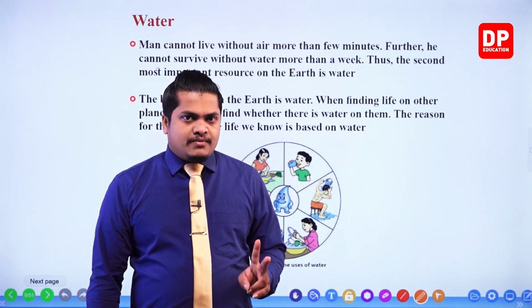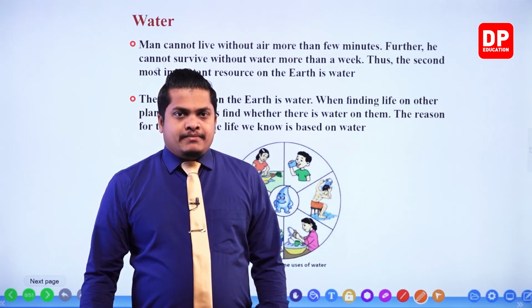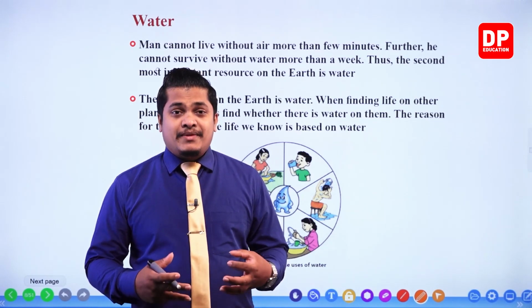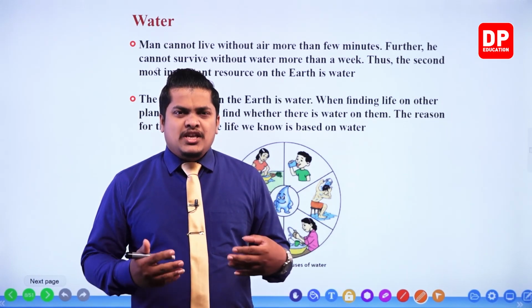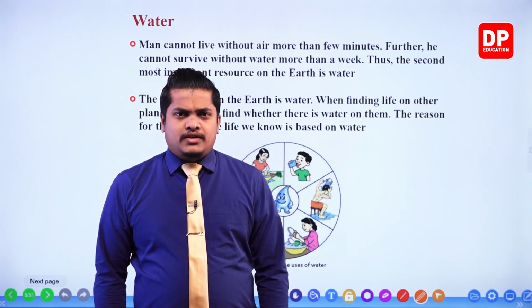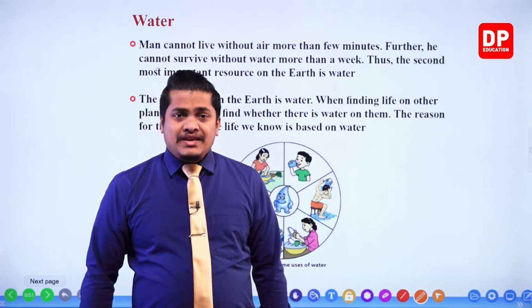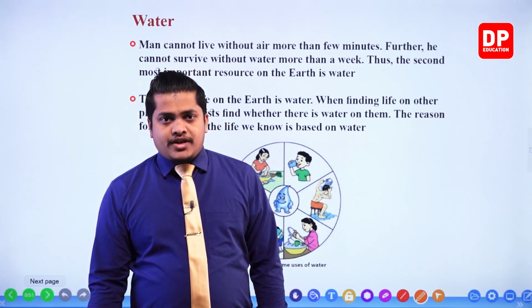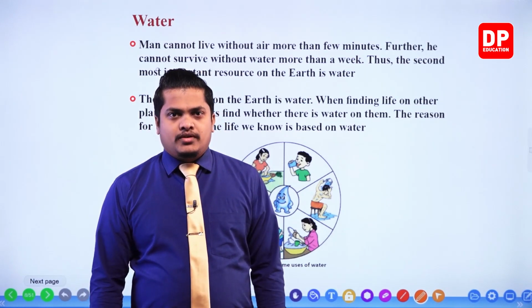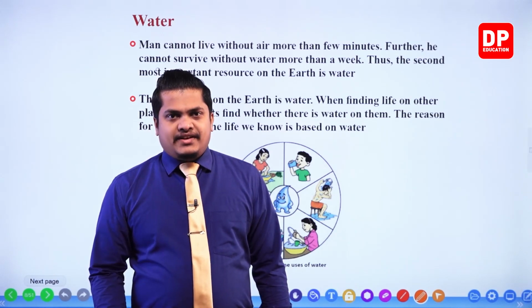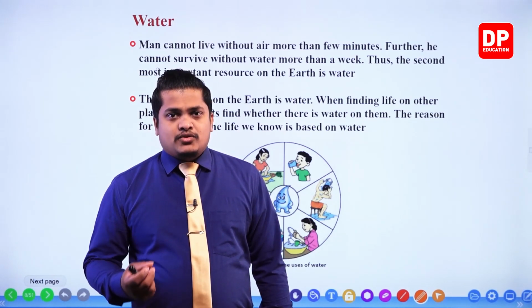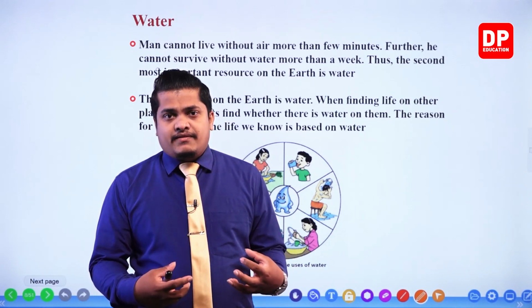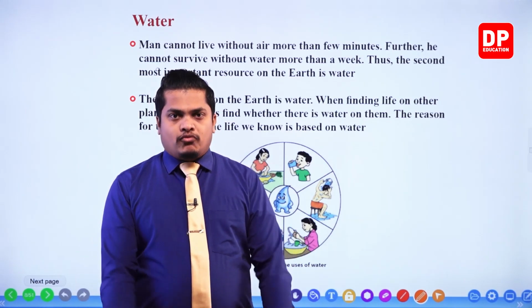Then the second most important thing is water. Because each and every metabolic activity within our body utilizes some amount of water. I mean, they happen within the watery medium, right? Like the excretion, digestion, and so on. All of these metabolic reactions which occur within our body use water.